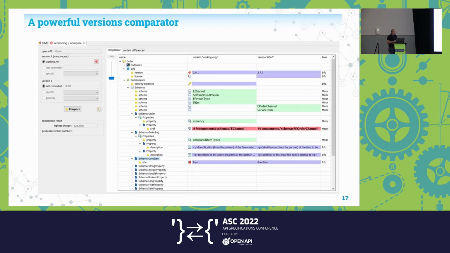Yes. What is also interesting, because we have a formal model, we have much more metadata than the other existing solution. We are able, for instance, to detect that a property has been renamed. It's not possible. Okay, so.